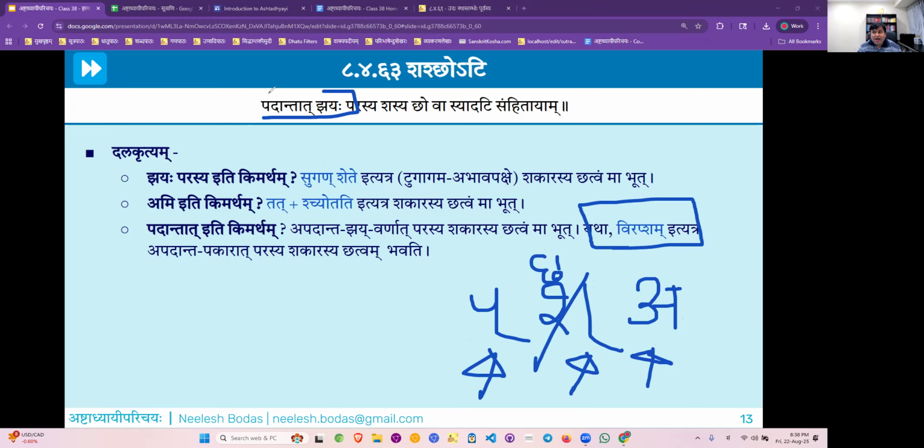So padantat jhayaha, it is not at the end of the pada.